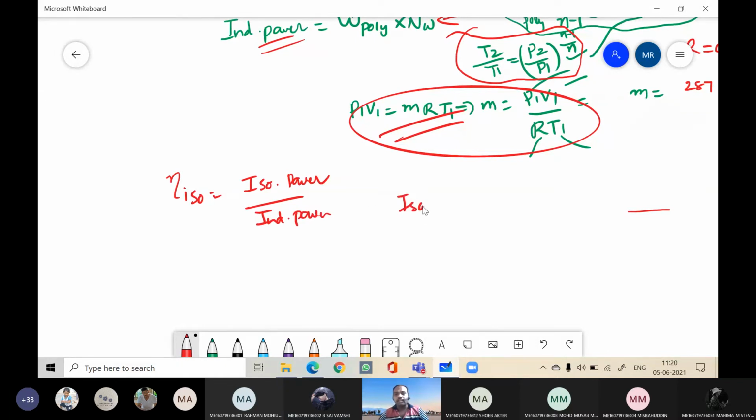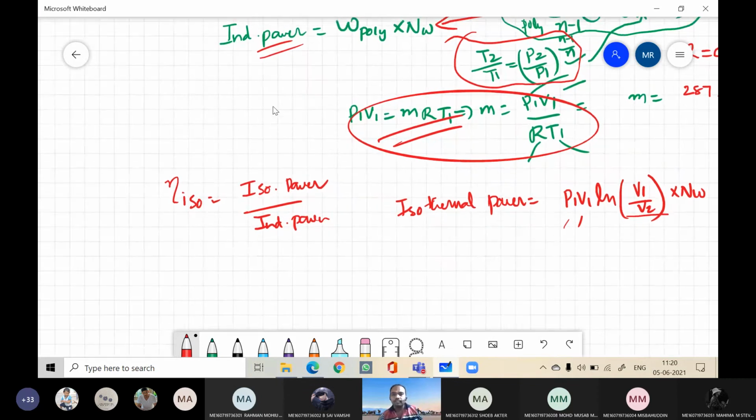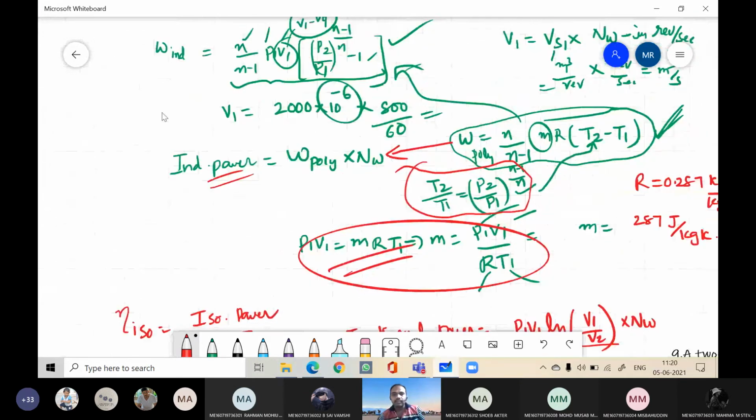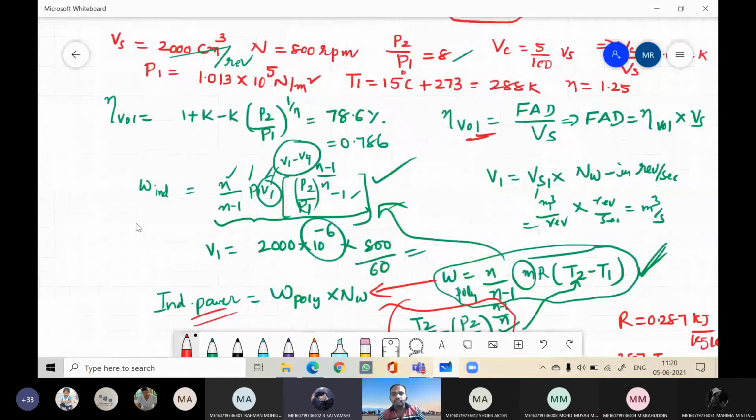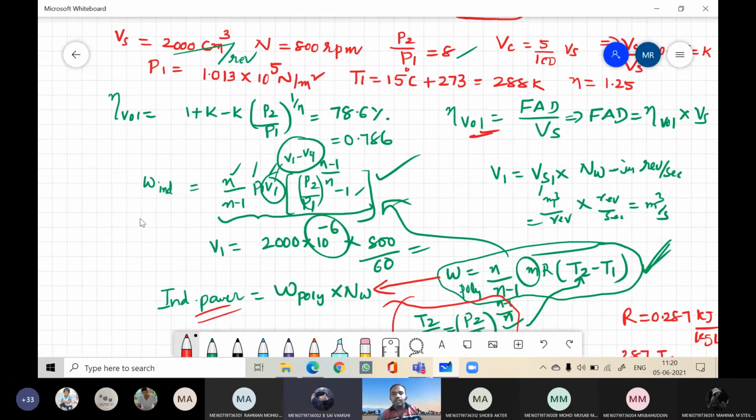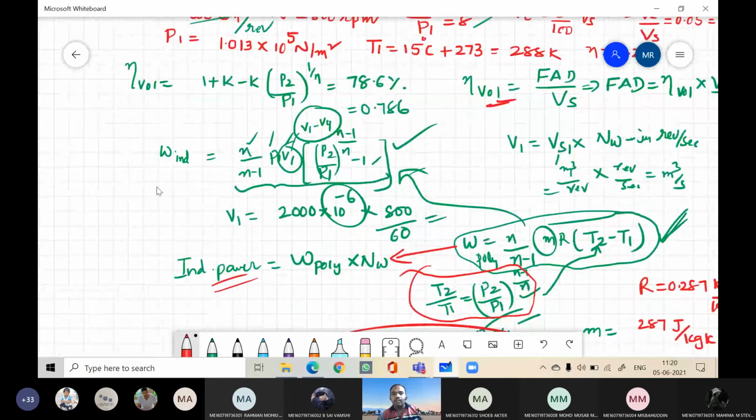Then isothermal power is equals to work done during the isothermal process, P1 V1 into ln V1 by V2, into NW, work done into the number of working strokes. Right? So P1 is there, V1 is there, all the data is there. Is V2 there or not? No, V2 is not there, but the n value is there, n is 1.25.